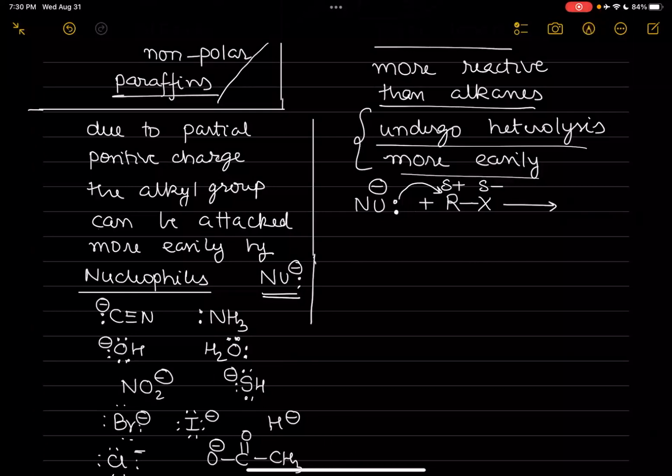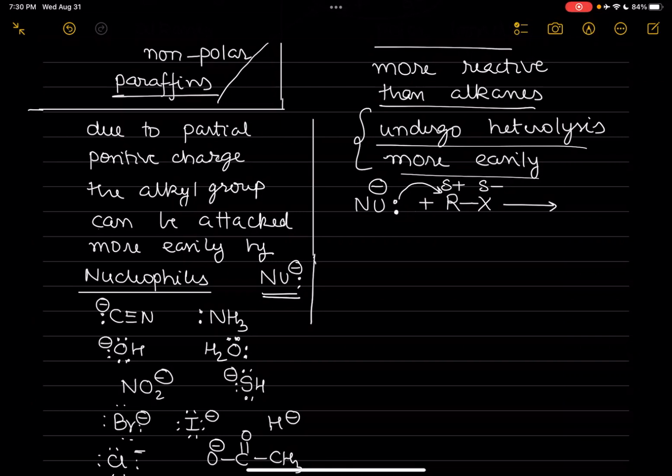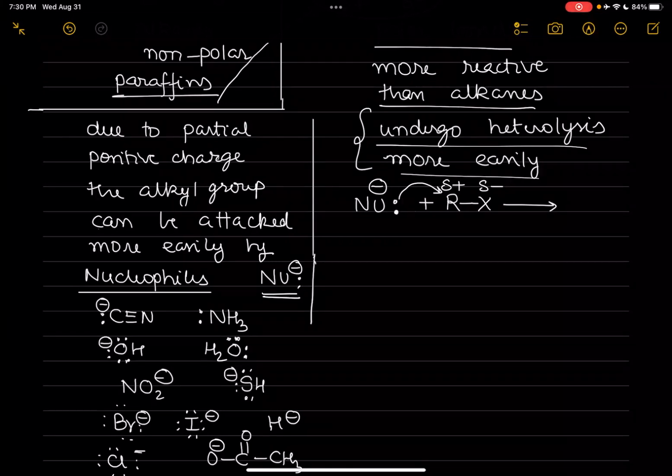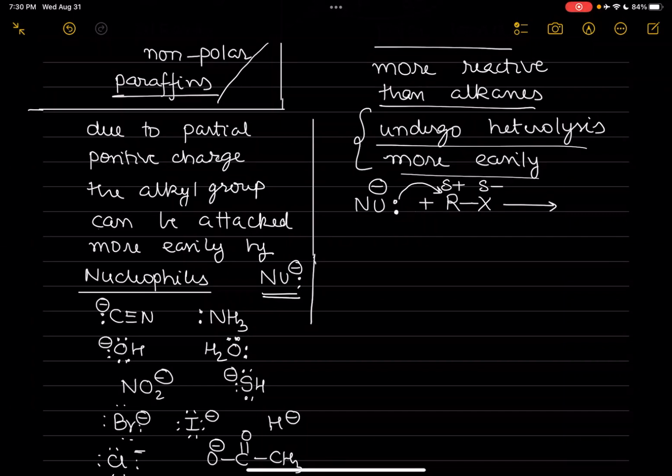But there is one thing which we should know, that carbon is a second period element, and carbon can make only 4 bonds. So how will it be possible, Arpit, if the nucleophile is coming and getting attached to R? Do we need to do something extra, or do we just bring the nucleophile and get it attached to the carbon of the alkyl group?